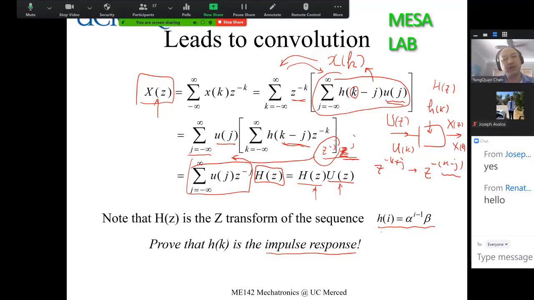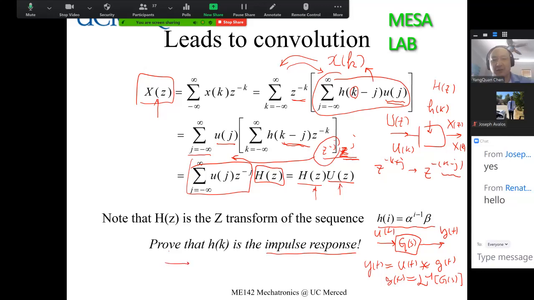This corresponds to the continuous case. I have a u t going through an LTI system G in here, so you have a y t. The y t will become u t convolved with my g t, while my g t is the inverse Laplace transform of G s. Why?